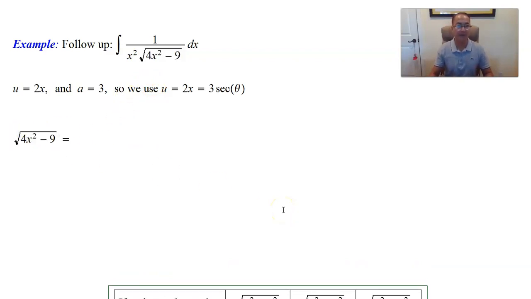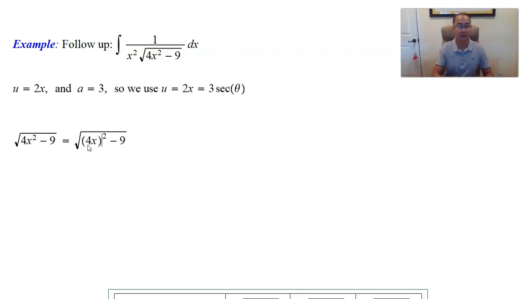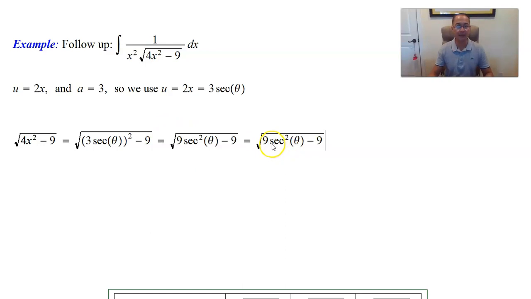Replace. This 2x squared, so 3 secant theta quantity squared, which is of course 9 secant squared. Once again, the 9 can factor out, so secant squared, and once again, that minus 9 leaves a minus 1, not 0.